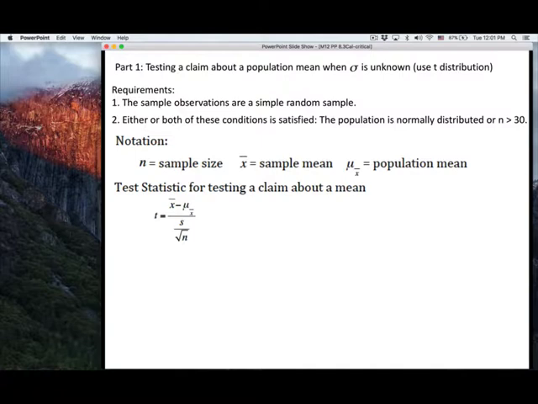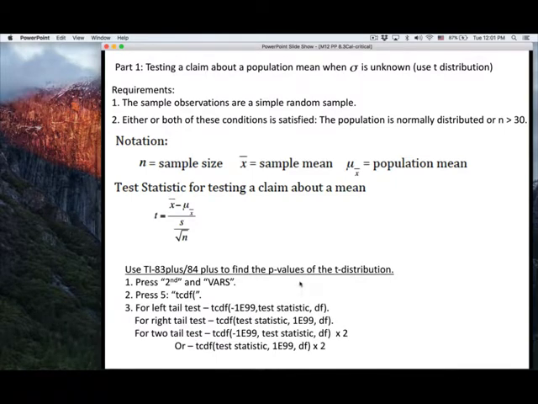Before we talk about the hypothesis testing, we want to know how to find the p-values using the t distribution. Remember, when we have the z distribution, the normal distribution, we'll be using the normalcdf. Normal means the normal distribution.